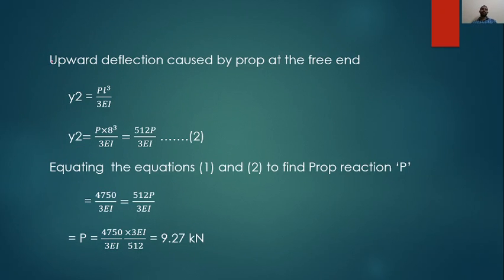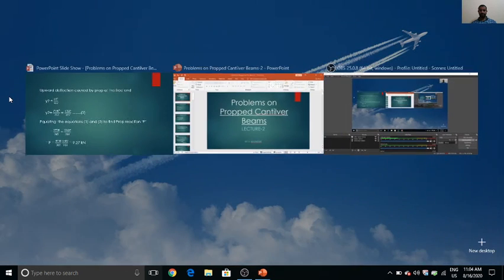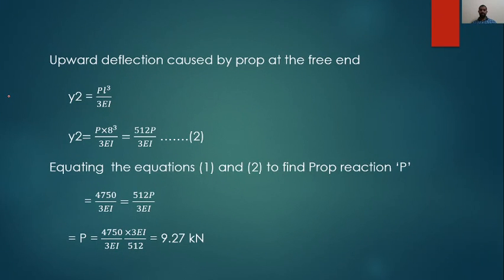And let us now calculate the upward deflection caused by the prop at the free end. y2, as we know, when a point load is applied at the free end, the maximum deflection formula is W L cube by 3EI.